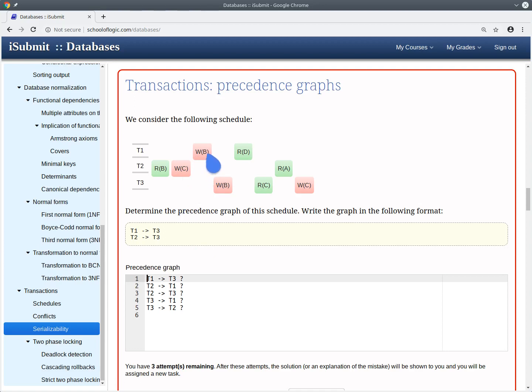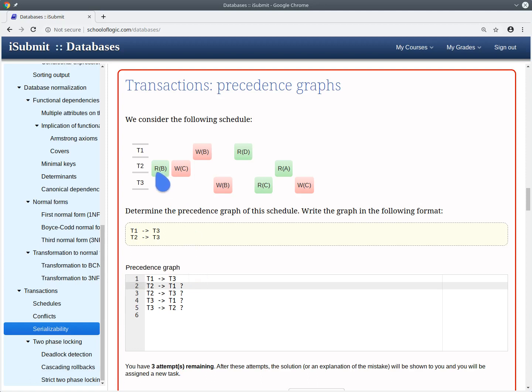We have a write of B, and this immediately conflicts with this write of B in T3. So indeed we will have an edge from T1 to T3, because there's an action in T1 and T3 that conflict with each other, and the action of T1 comes first. Okay. Next we check whether we have an edge from T2 to T1.